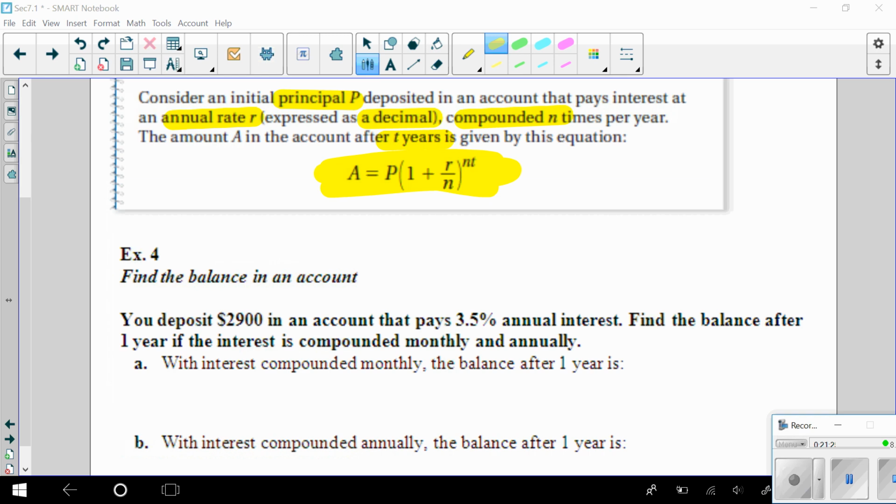So we're looking to find the balance in the account. So in this first example, our A is unknown. That's our balance. But 2,900, that's our P value. 3.5%, that's our rate, but our rate is going to be a decimal, so it's really 0.035.